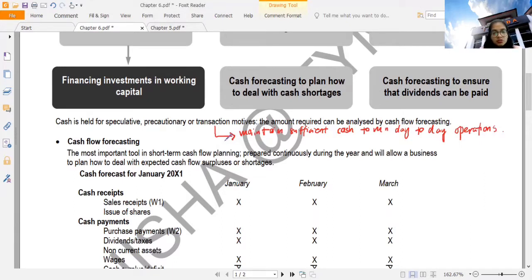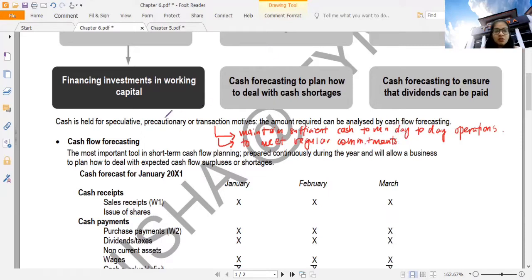Or you can also say you require it for a transaction motive to meet regular commitments.